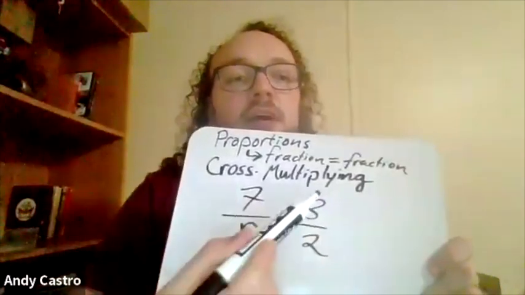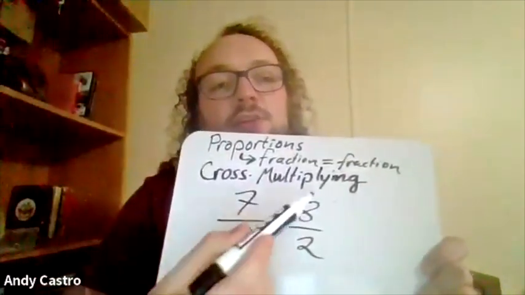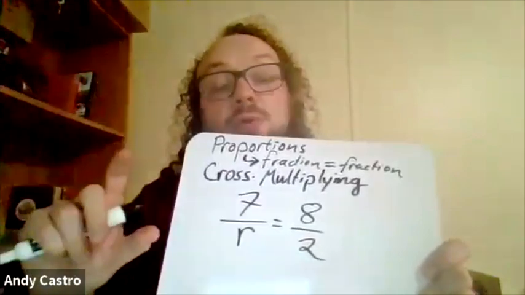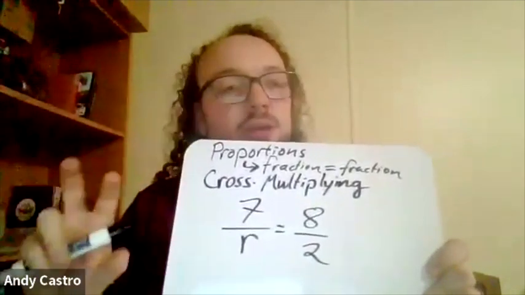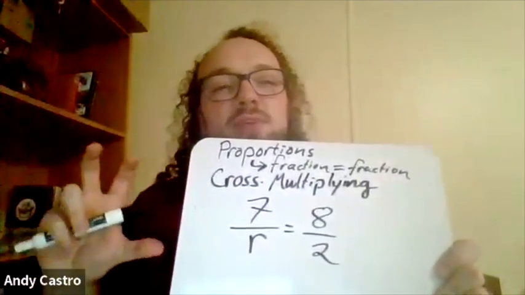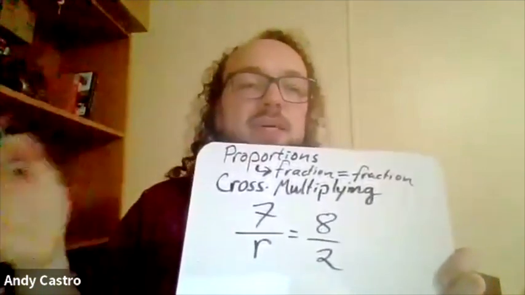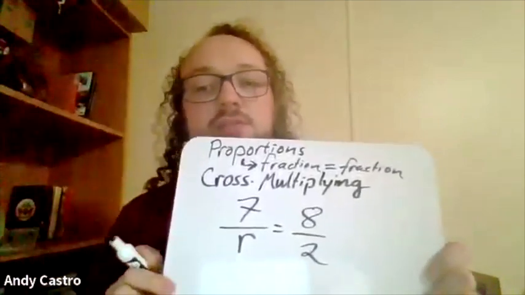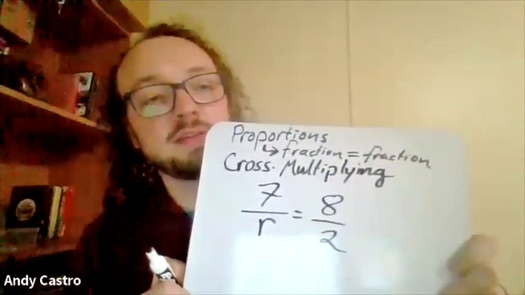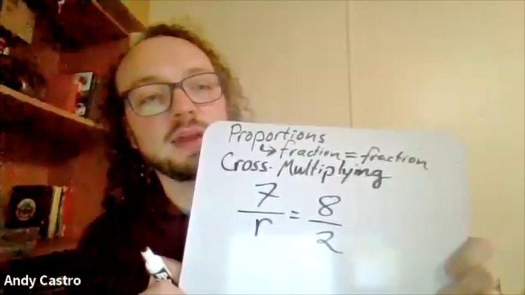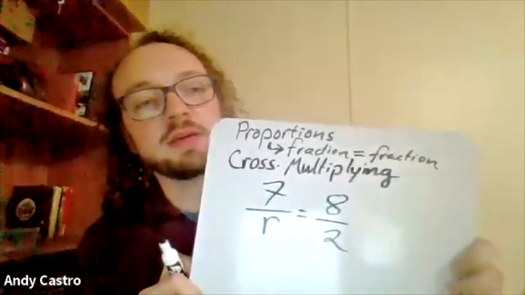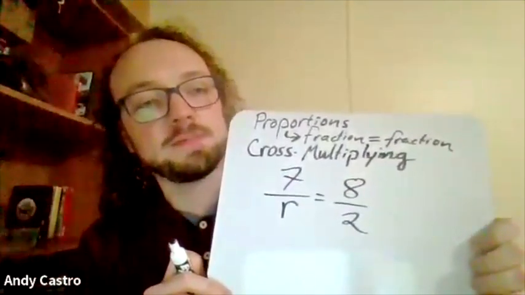And then on the other side, you're going to multiply these other two terms. And that will get rid of all of our denominators, and we won't have any more fractions. We'll just have a multiplication problem where it'll be r or x or whatever times something. So I'm going to give you a minute and see if you can work that out by doing cross multiplication.